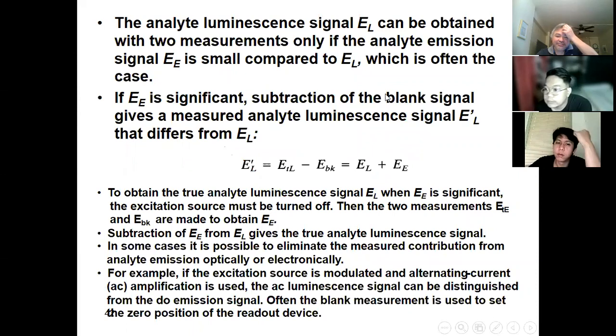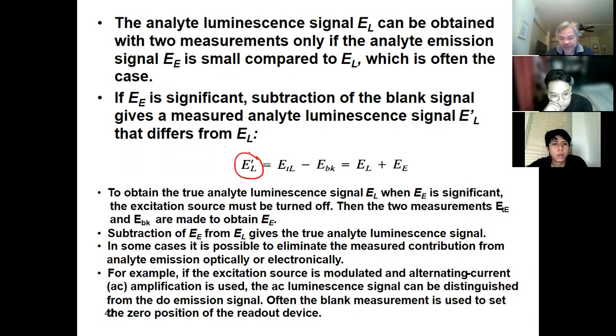So the analyte luminescence signal can be obtained with two measurements. Only if the analyte emission signal EE is small compared to the luminescence, which is often the case. Now, if the analyte emission is significant, subtraction of the blank signal gives a measured analyte luminescence signal that differs from this one.